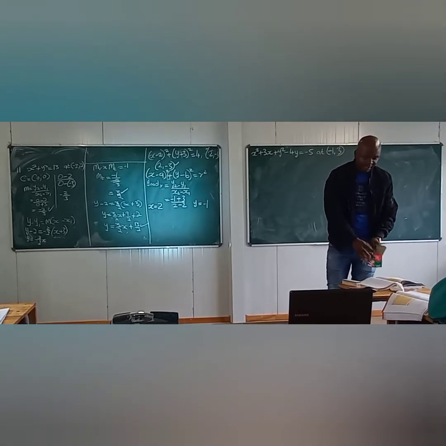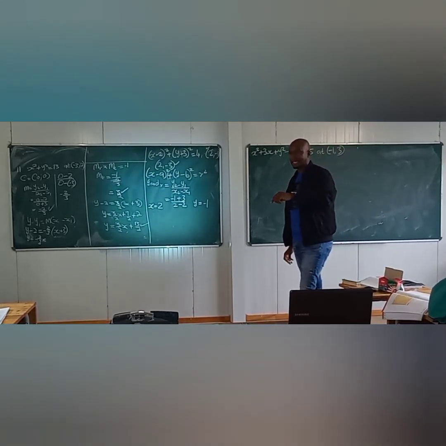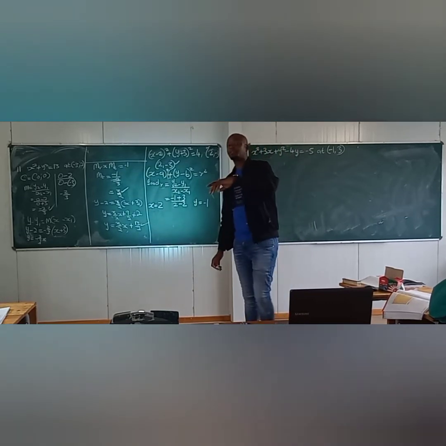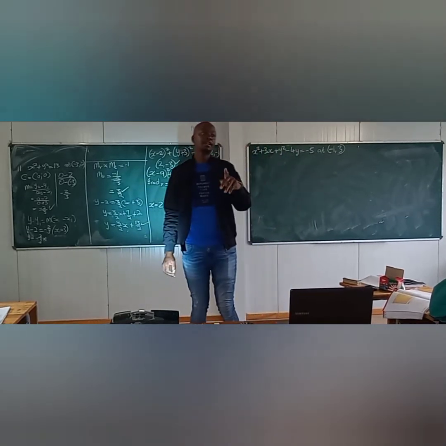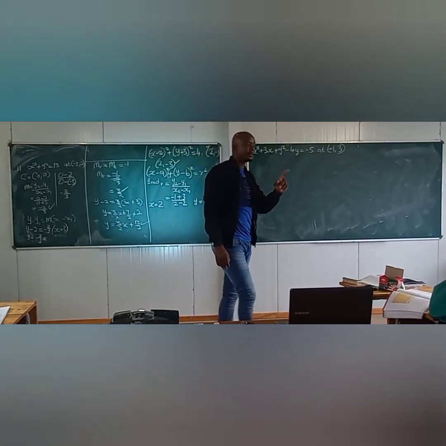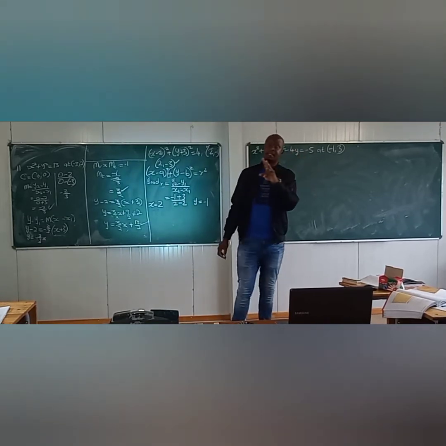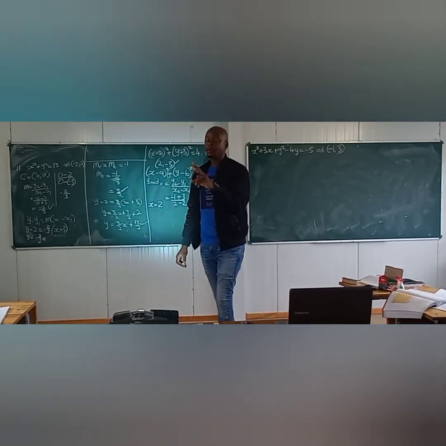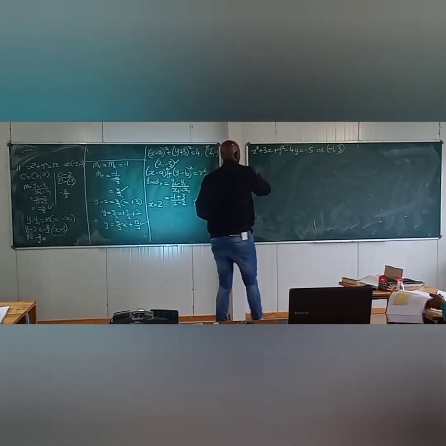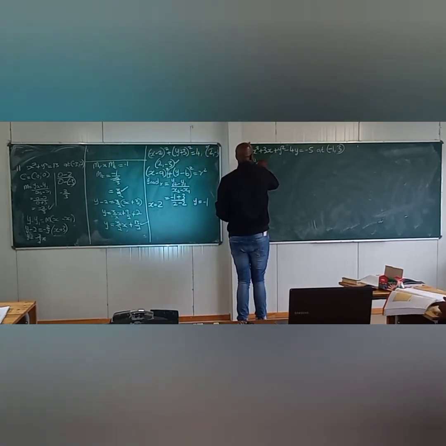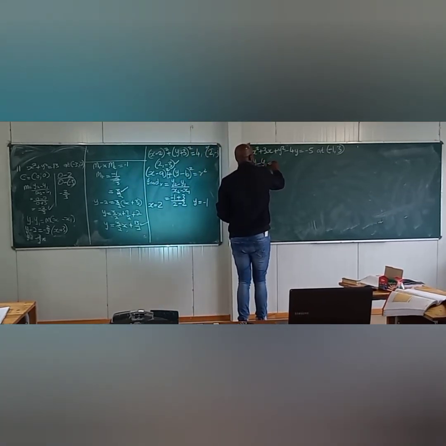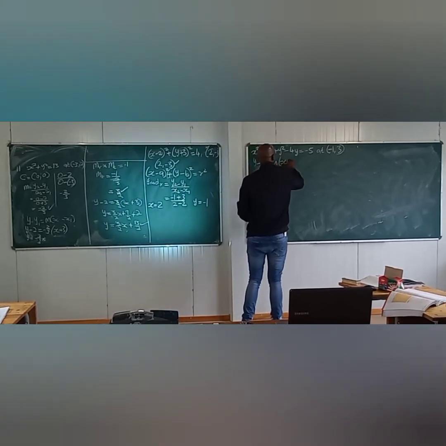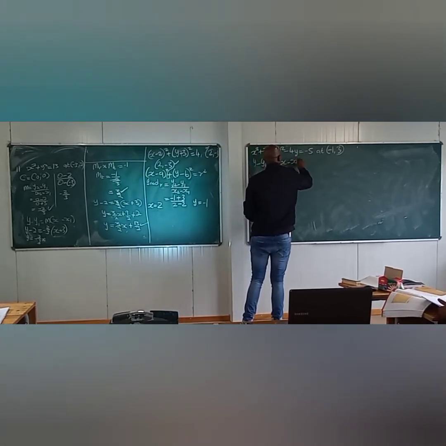Here we are finding the equation of the tangent and the equation of the normal. To find the equation of the tangent we must have a point. The equation is y minus y1 equals m times (x minus x1).